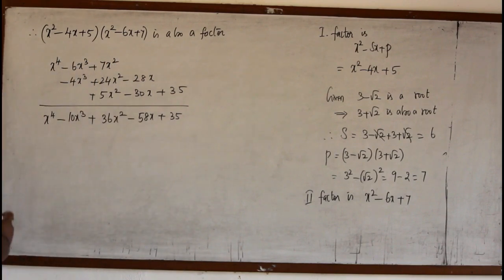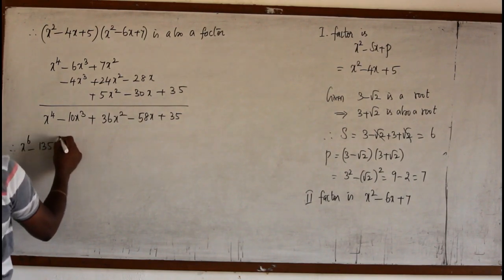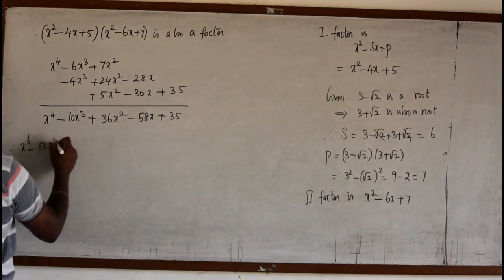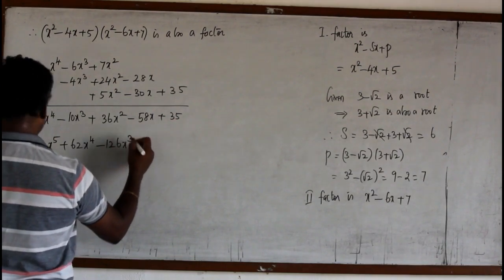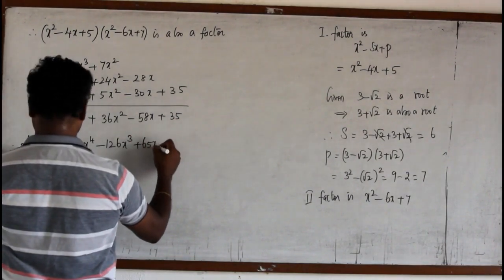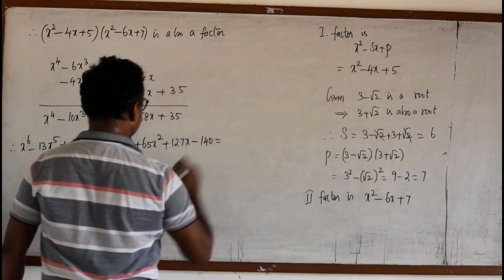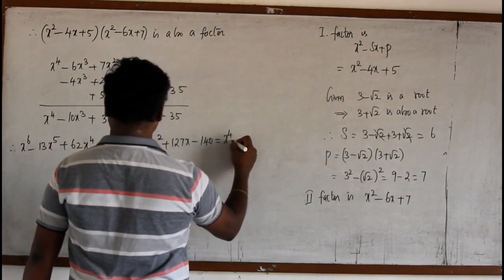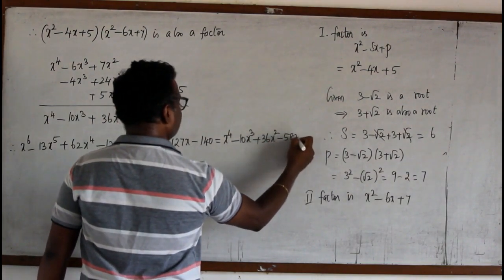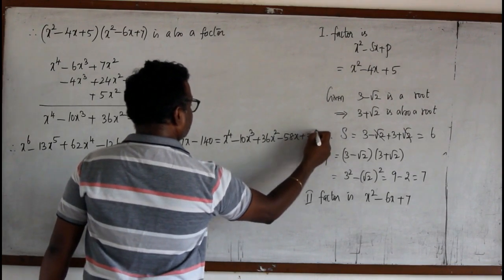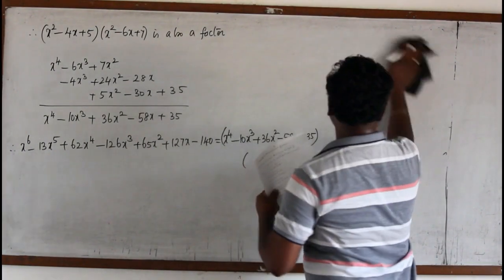So when I equate, the given expression x power 6 minus 13x power 5 plus 62x power 4 minus 126x cube plus 65x square plus 127x minus 140 equals x power 4 minus 10x cube plus 36x square minus 58x plus 35 into one more factor with power 2.